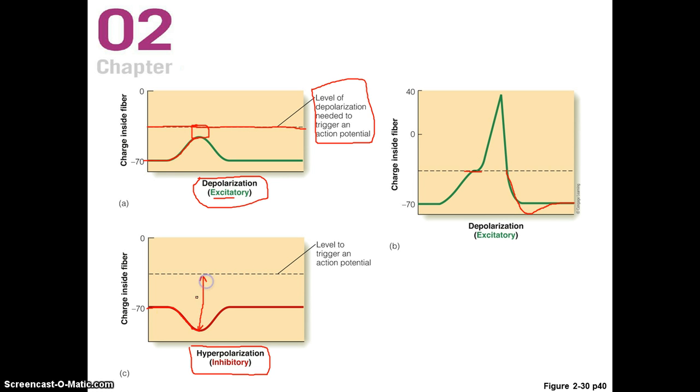You need to apply a really intense stimulus to this cell in order to bring the charge from all the way down here to the threshold value to elicit an action potential. So an inhibitory neurotransmitter makes it much more difficult for a cell to generate an action potential. And those are the only two messages that neurotransmitters communicate, either an excitatory message or an inhibitory message.